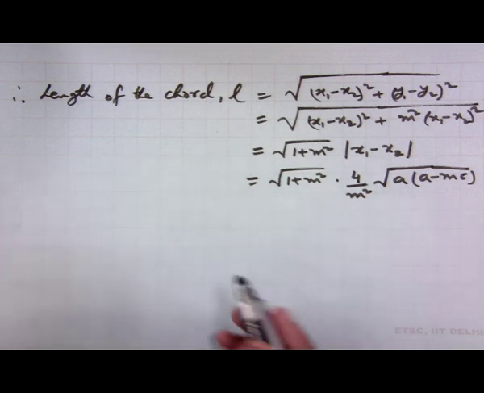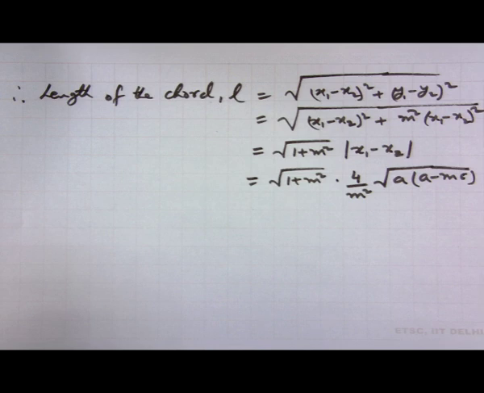To get in terms of x 1 and x 2, we can put the value of m and c in terms of x 1 y 1 and x 2 y 2.